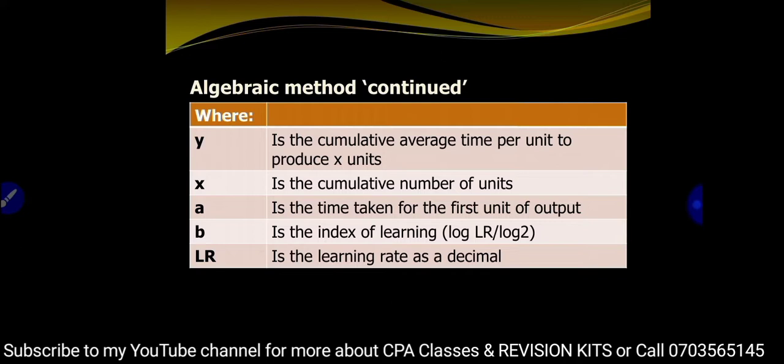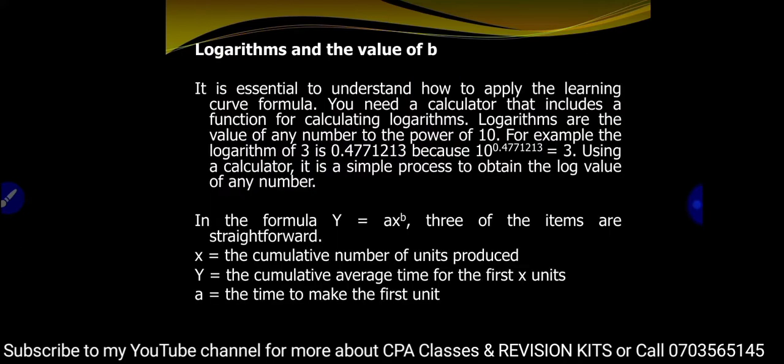X, that is the cumulative number of units. A, that is the time taken for the first unit of output. That time it takes for you to produce the first unit. Then b is the index of learning, that is log learning rate over log 2. Then LR, that is the learning rate, and we always express that as a decimal.